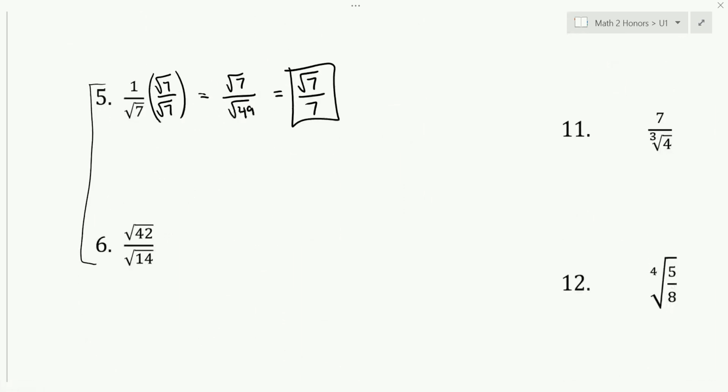So we can think of this as the square root of 42 over 14. And by thinking of it that way, then I can think, well, I can maybe reduce that fraction. What goes into 42 and 14? 14? How many times? 3. So this is really the square root of 3, and I'm done.